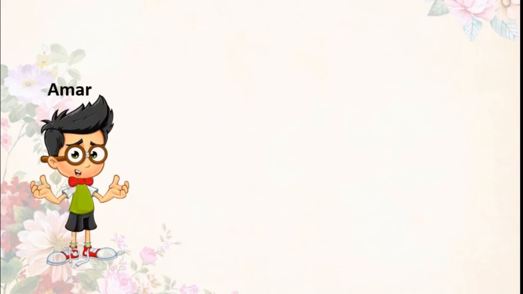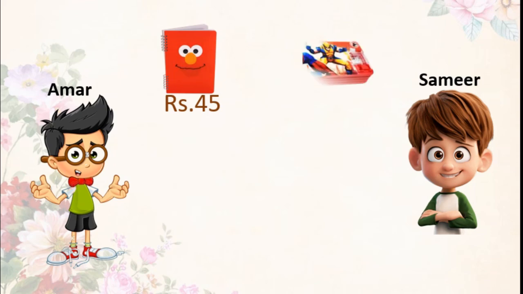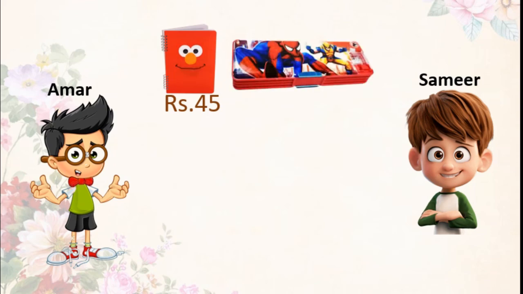Yes, here Amar is there and one more student, Samir. These two students went to a shop to buy a notebook worth rupees 45 and one compass box of Spider-Man worth rupees 85. Okay, they purchased two things of rupees 45 and rupees 85.